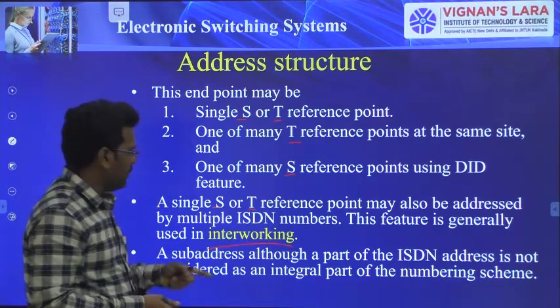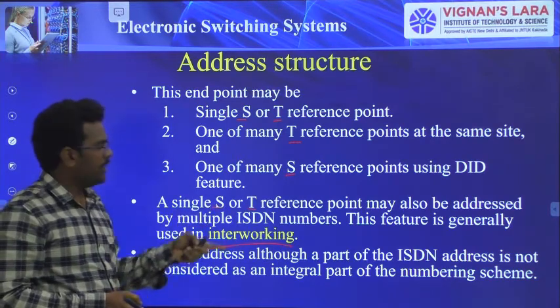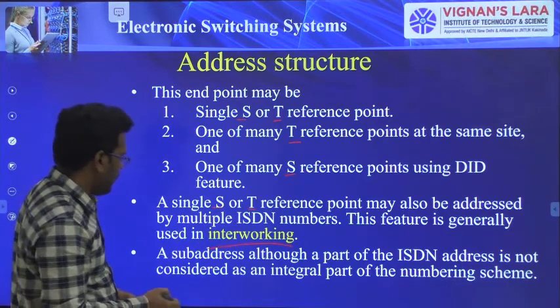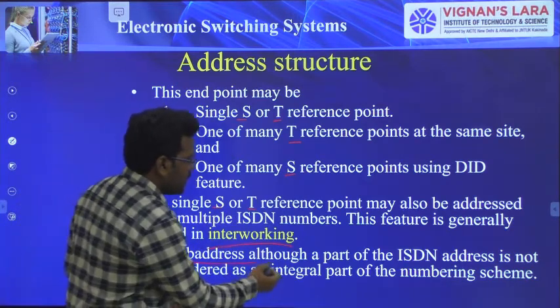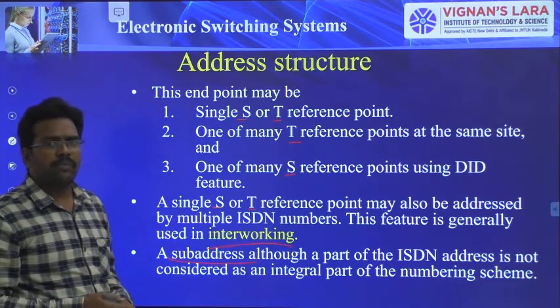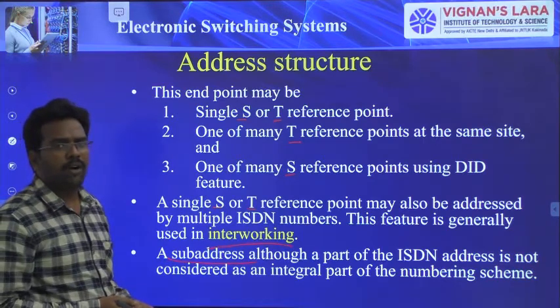In that case, you can connect one or many end equipments to the same reference points. So the sub address is a part of the ISDN address and contains some 40 digits, and it is an integral part of the numbering scheme of ISDN.